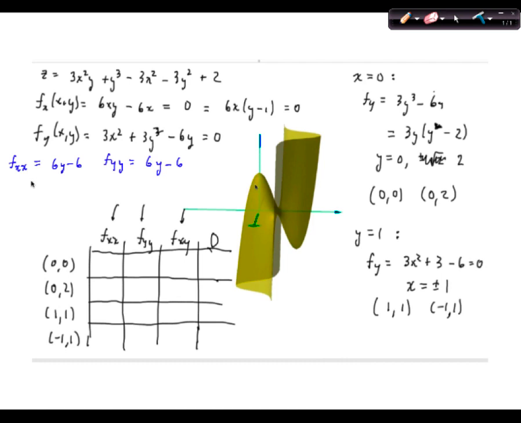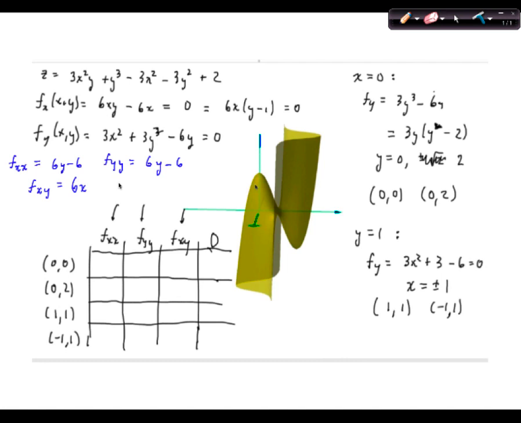And then fxy would be this one with respect to y, so that would be just 6x. Agree with that? 6y minus 6, yes. And I think that's right.